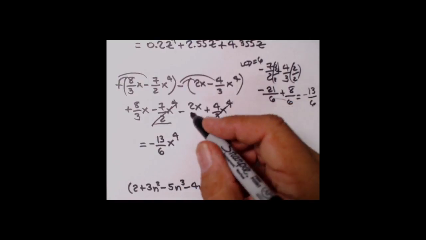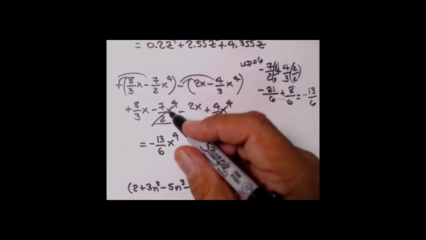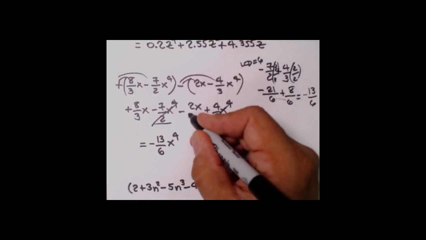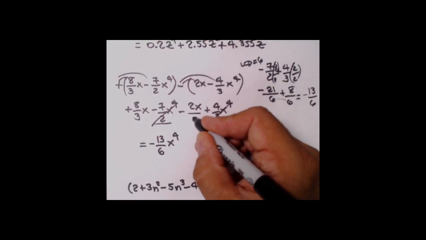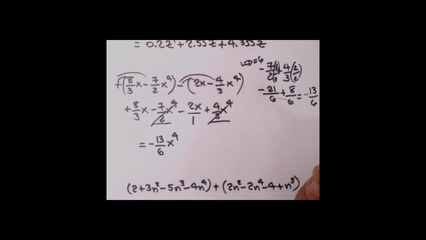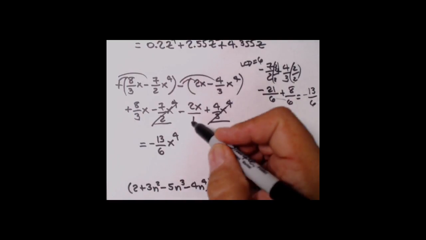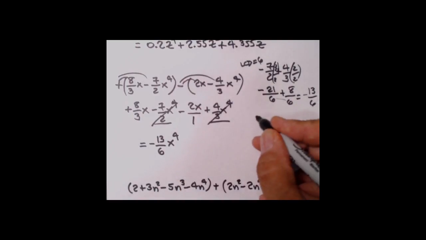Now, the x to the first power, I've got plus 8/3 here and 2 over x. Well, the first thing I'm going to do is make a fraction by putting a 1 underneath this. And then we're going to have to combine the coefficients. So over here again I have a little bit of room. Let's write this down.